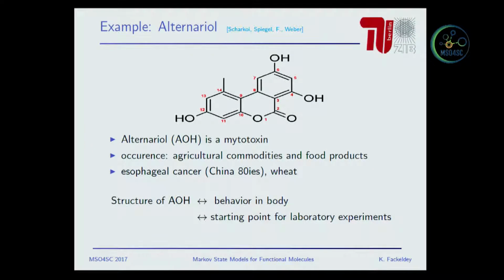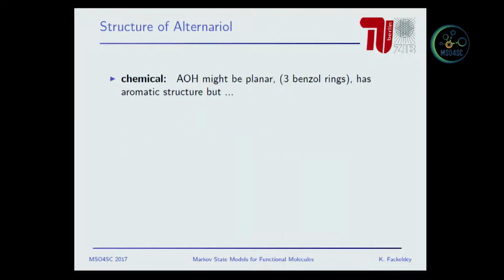So for them, it was really important to know the structure of the altenariol, and if they know the structure of it, they can say something about the behavior in the body, and this was the starting point for laboratory experiments.